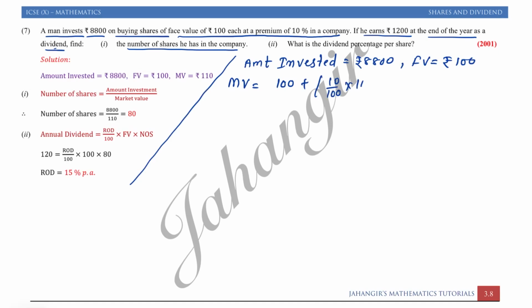Always make a habit of writing this way. Don't write it directly as 110 rupees. Make a habit of writing 100 face value plus whatever percentage of face value, that is 100 plus 10, which is equal to 110. If he earns rupees 1,200 at the end of a year, here ROD is not given.